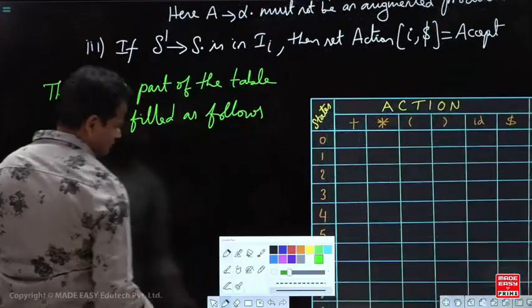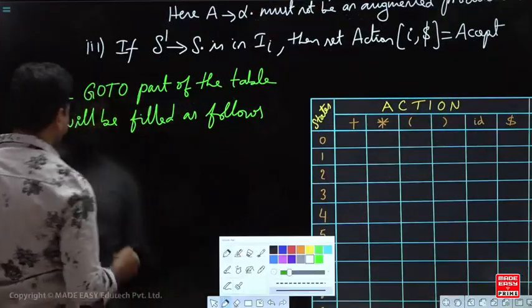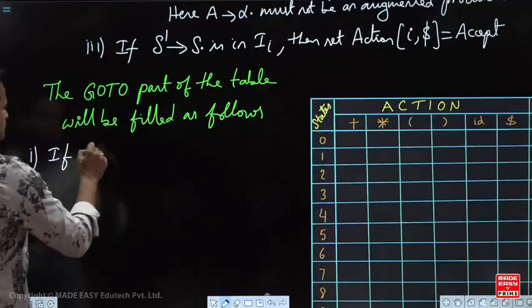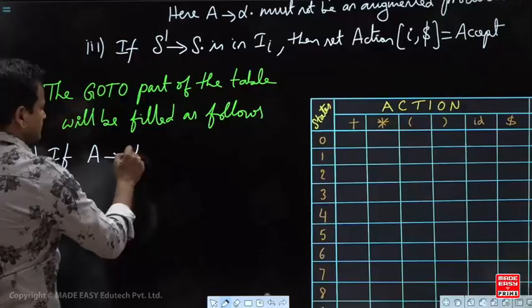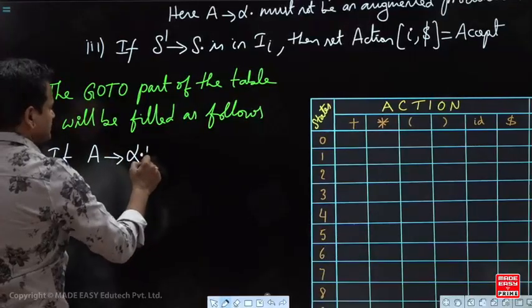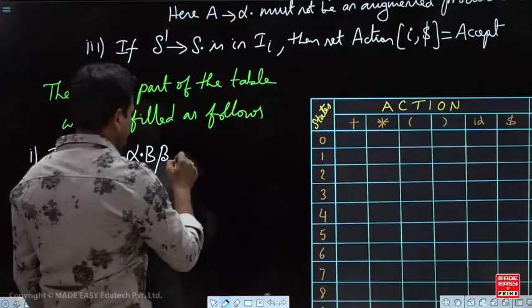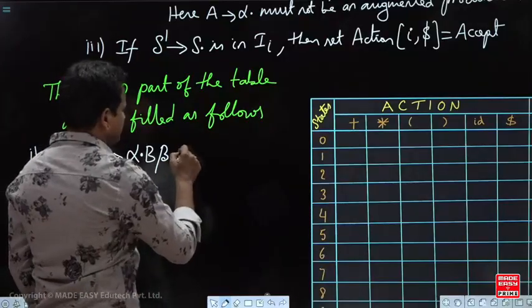Now, we have only one rule. Suppose there is a production, goto part means non-terminals. There is a production A derives alpha dot B beta in Ii.